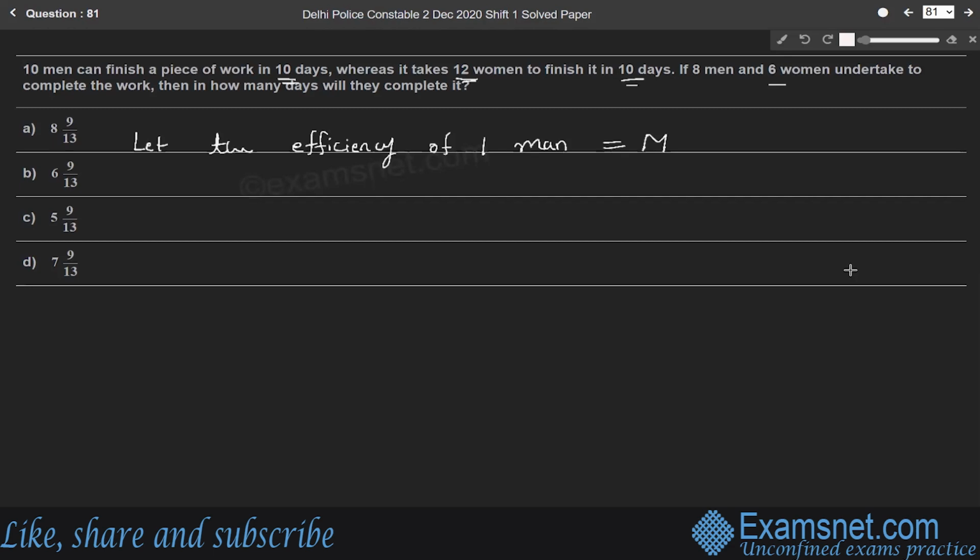Here in this case, 10 men finished some amount of work in 10 days.